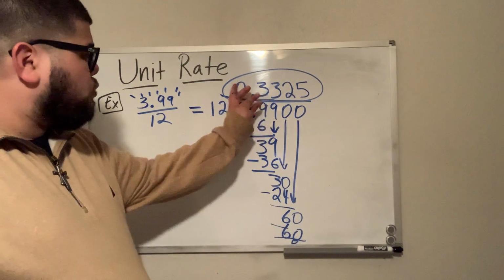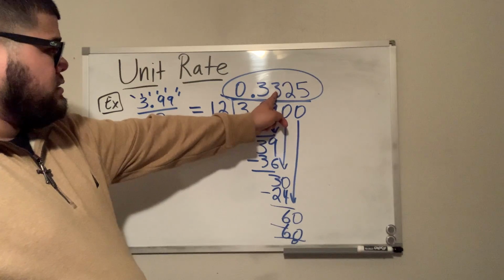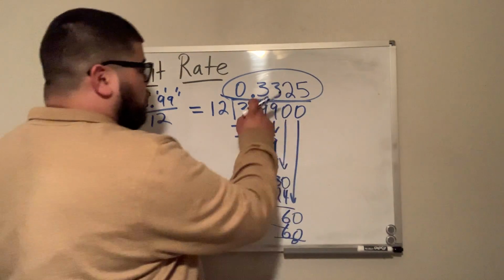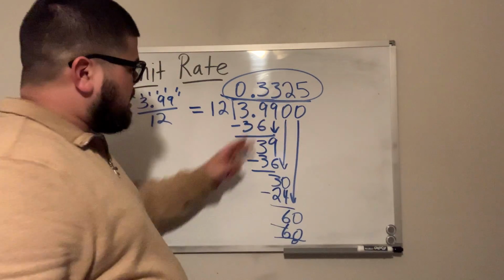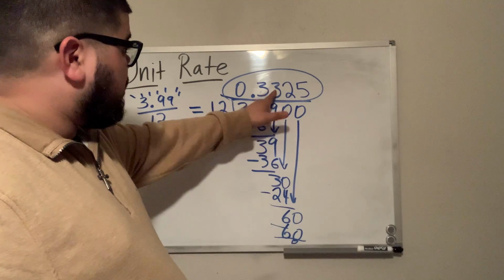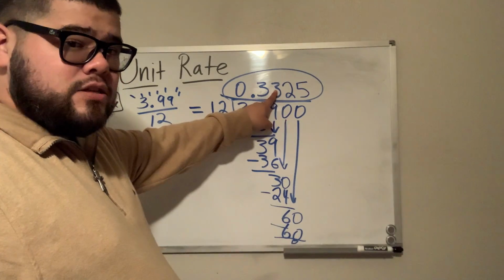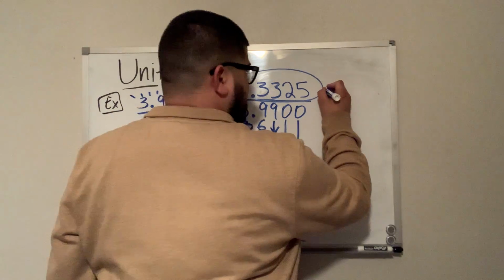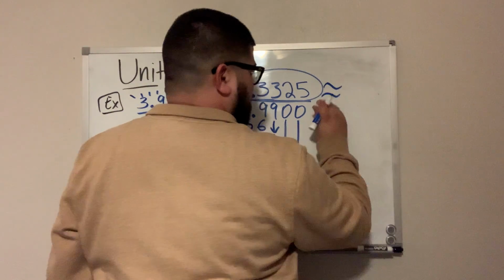But if we were to round this to the nearest cent, and we talked about rounding at the beginning of the year, or round it to the nearest hundredths. But remember, this is tenths, hundredths, thousandths, 10,000ths. We're going to round to the nearest hundredths or cents, right? And when I draw this squiggly equal, that means approximately.